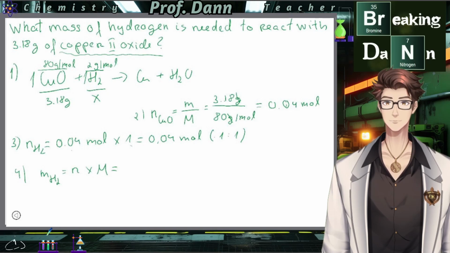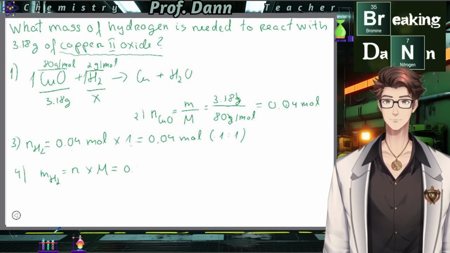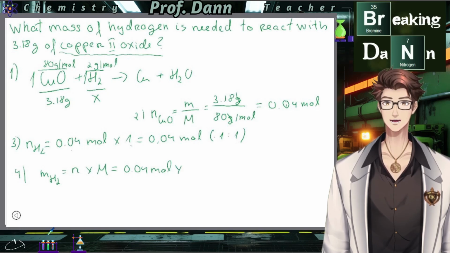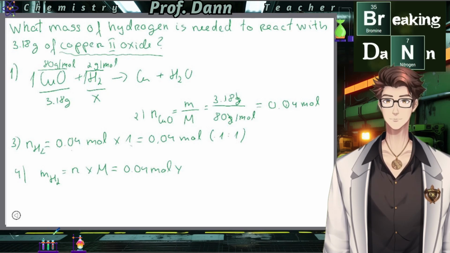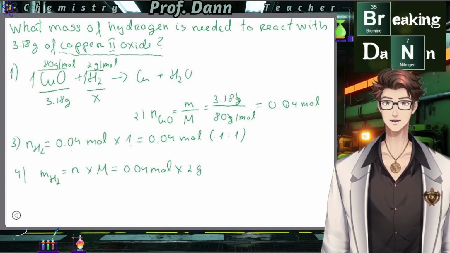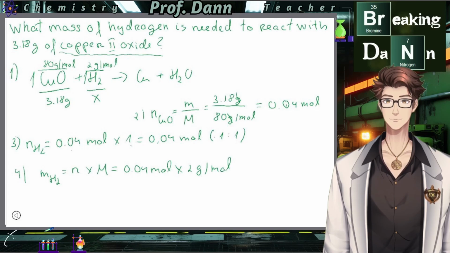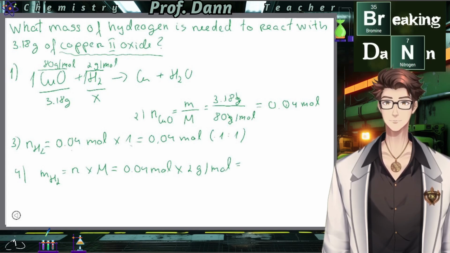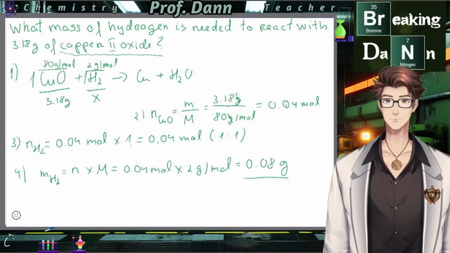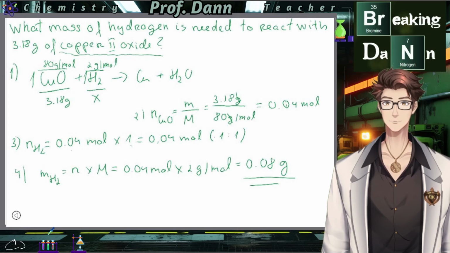So we have 0.04 moles from step number 3, and we multiply this by the molar mass of hydrogen, which is 2 grams per mole. And in total we get 0.08 grams.